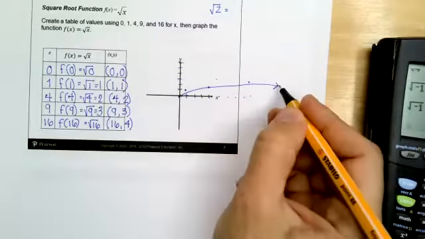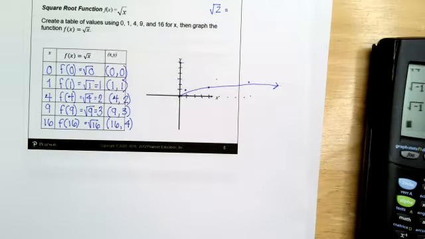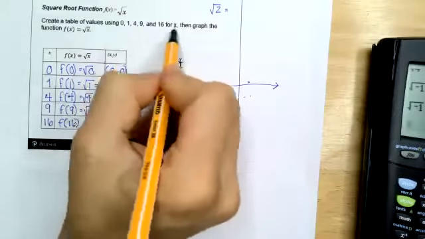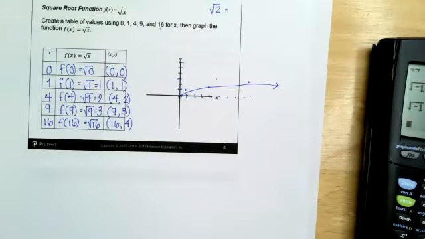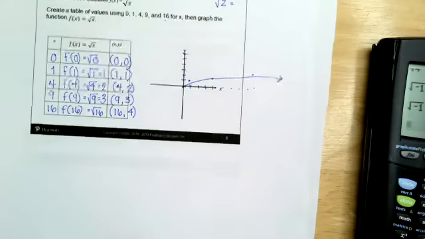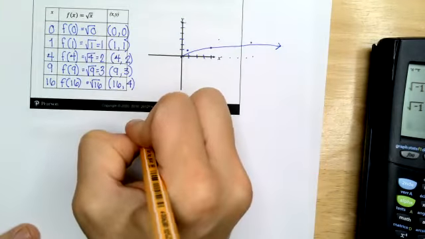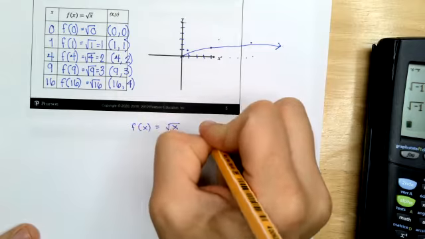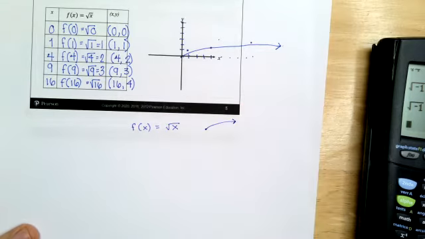There's no arrow here, but I did draw an arrow there because it can go on forever in a positive direction. These are all perfect squares, didn't want to graph decimals, so I chose only perfect squares. So that's the square root function. F of x equals the square root of x. Looks like this.